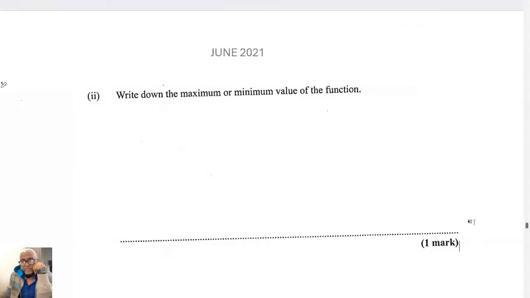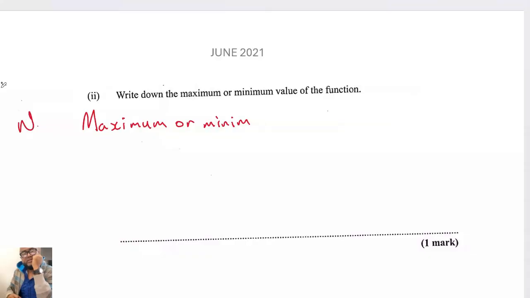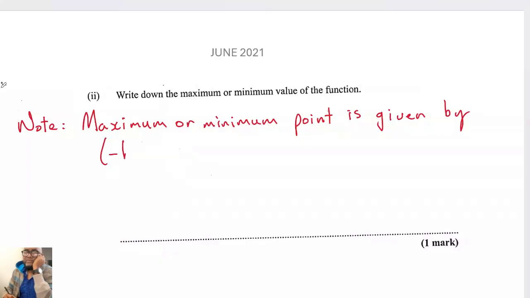Maximum or minimum. Let me give you a few things here. First things first, the maximum or minimum, write this down. This is our note. The maximum or minimum point is given by -h, comma, k.